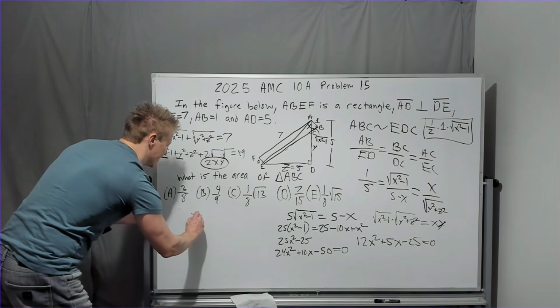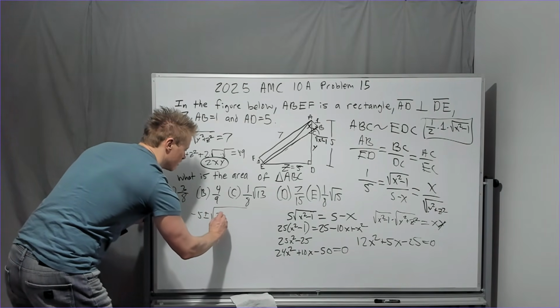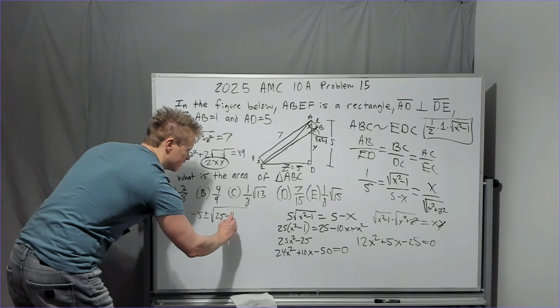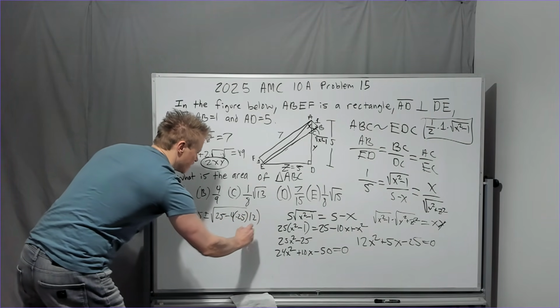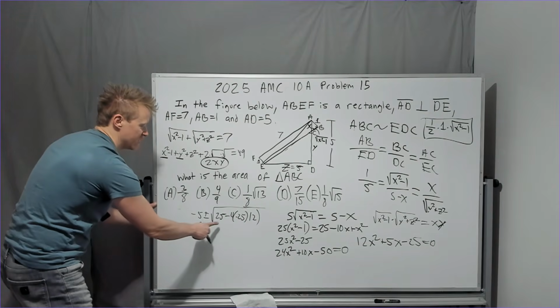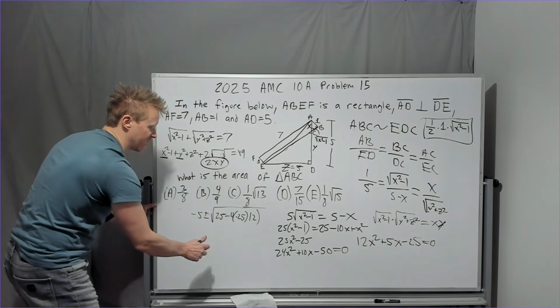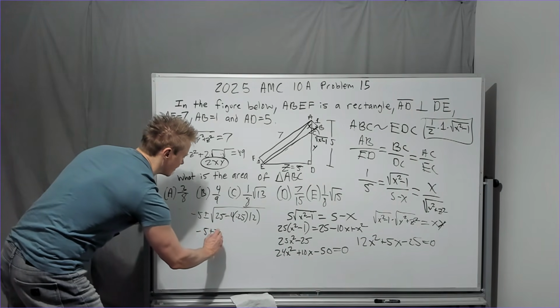So negative b is negative 5 plus or minus the square root of b squared, 25, minus 4 times 12 times negative 25. Okay, cool. Not so bad. So 25, this is going to be 100, and 1225 when you square root is 35. So negative 5 plus or minus 35.